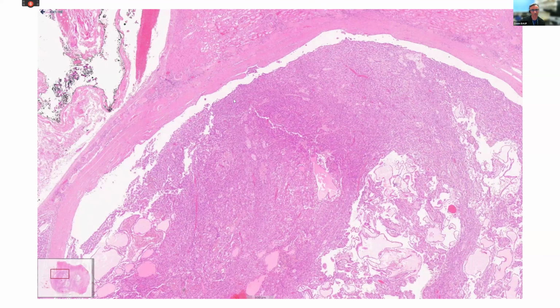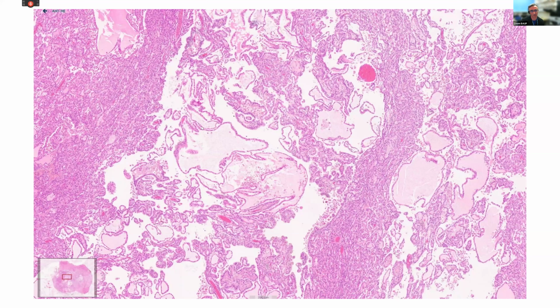Medium power, it looks as if it's encapsulated, and we've got two areas really, perhaps a more solid area and slightly more cystic, perhaps microcystic areas on the right side. And slightly higher power again, we can see these microcystic areas a little bit better. Some of them look as if they've got papillary structures, and some, even at this power, we can see some cellular material.